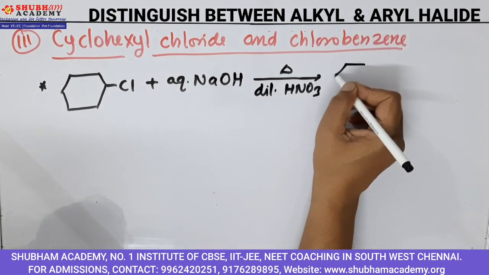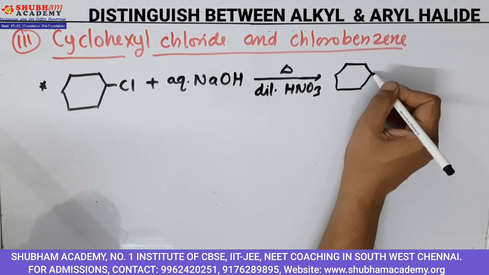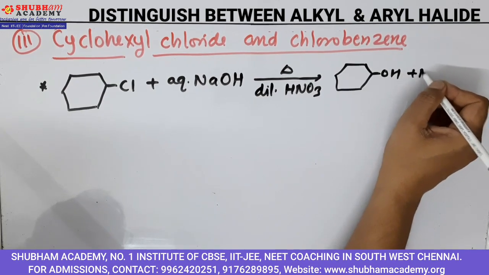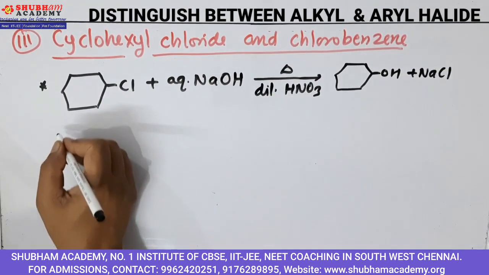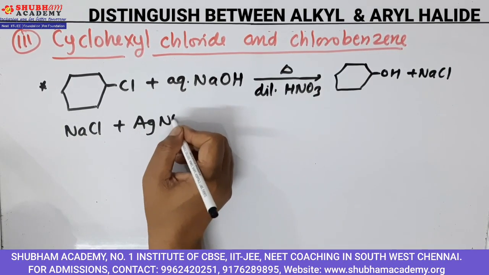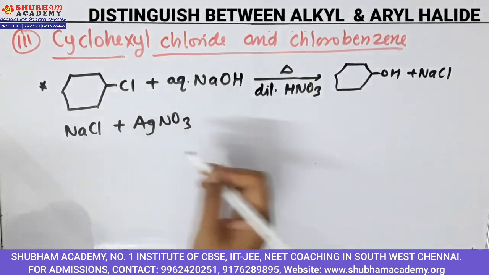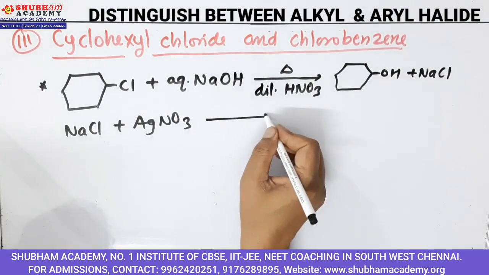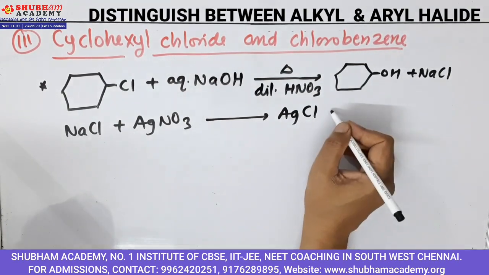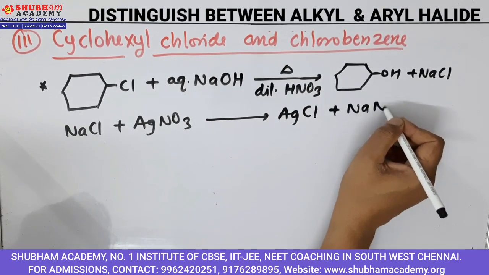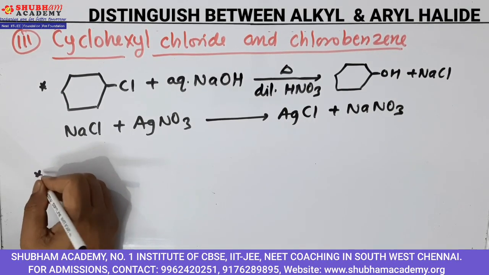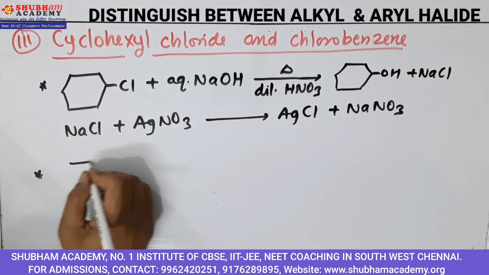So you will get cyclohexanol, okay, plus NaCl, right. Now this NaCl on treatment with AgNO3, okay, this all will be in aqueous state only. So what you will get? AgCl, white precipitate, plus NaNO3.